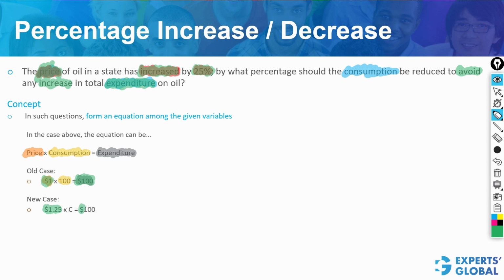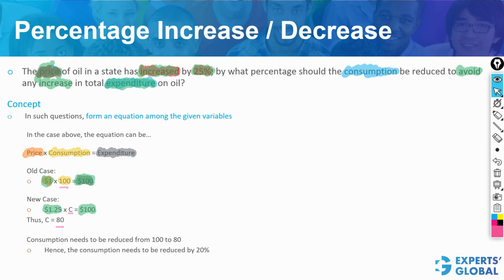It stays $100 even after price increase. So what must be the new consumption? It turns out to be 80. You see, the consumption was earlier 100, now it is 80. Therefore, to avoid any increase in expenditure, consumption needs to be reduced from 100 to 80. Therefore, the consumption needs to be reduced by 20%. That's our answer, a 20% reduction.